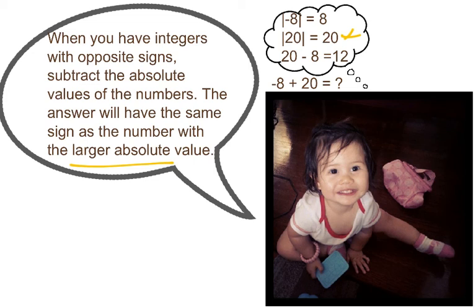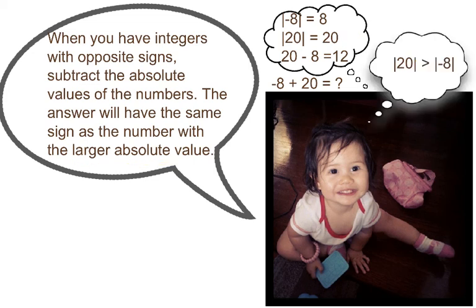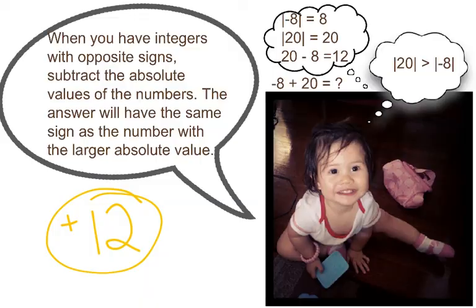And then I need to say, what's greater? The absolute value of 20 or the absolute value of -8? Well, the absolute value of 20 is greater, so that would give me +12. And we don't have to put the positive sign, it's a given, but that helps remind some of us.